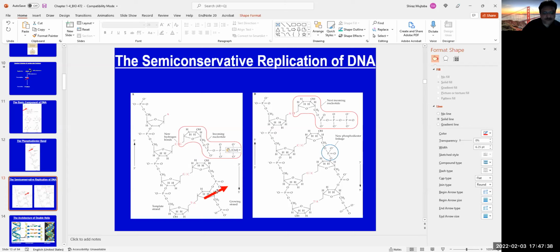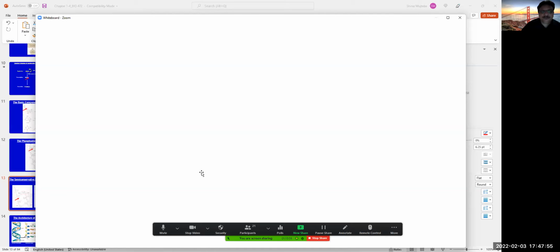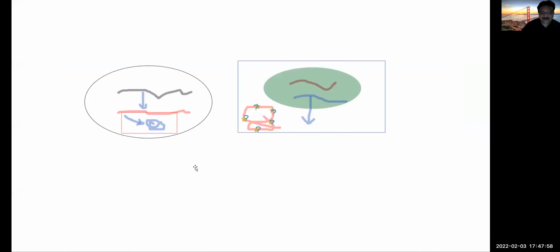Growing strands, right? It grows in 5 to 3 direction, and the mode of replication is semi-conservative. What is meant by semi-conservative is, let's say if these are the 2 strands of DNA, then these are the 2 parent strands, right?